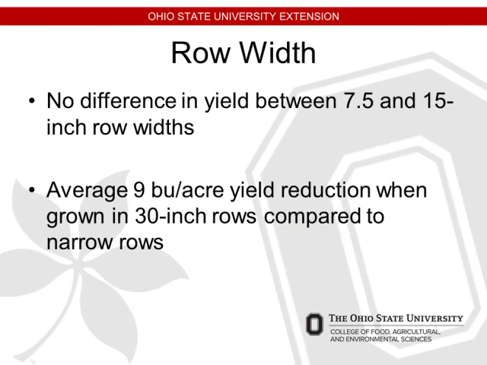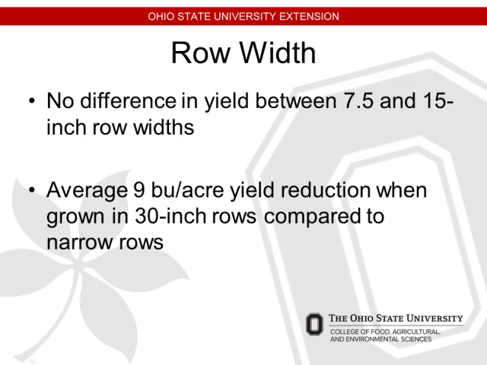So row width. How many of you were here for Sean Conley's talk? Oh, great, so I don't really have to repeat a whole lot. Sean Conley touched a little bit on row width. With the NCSRP data, he was showing that 15 and 30 inch rows yielded higher and similarly, and narrow rows were lower yielding, the 7.5 inch rows. Our small plot data doesn't really reflect that.